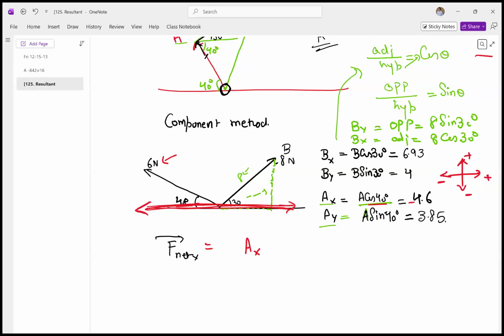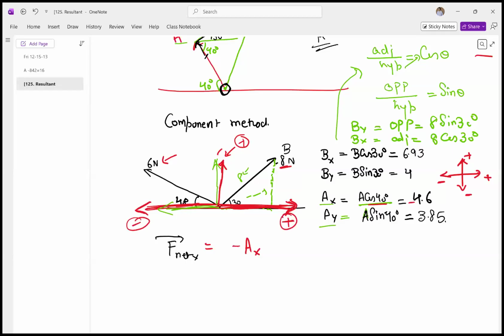Okay, so let me again change the color. This 6 has an upward component. Same way, this 8 Newton has one to the right and one to the up. So these two components are up, so both are positive. This is left, negative; this component of B is positive.